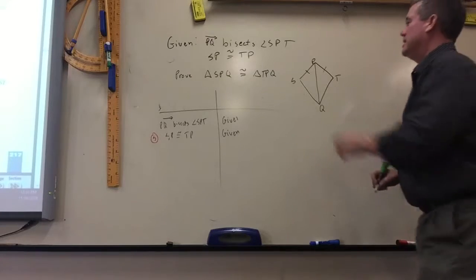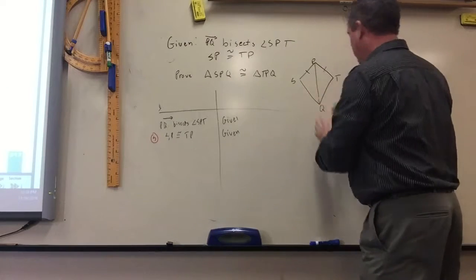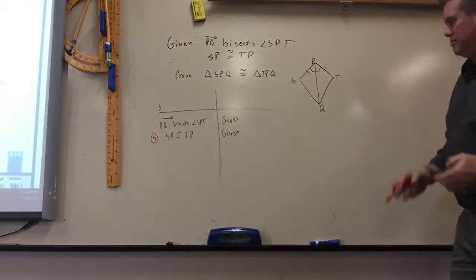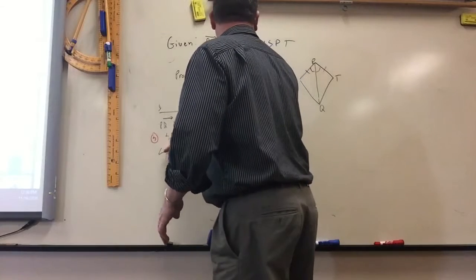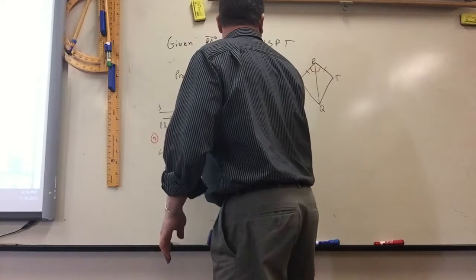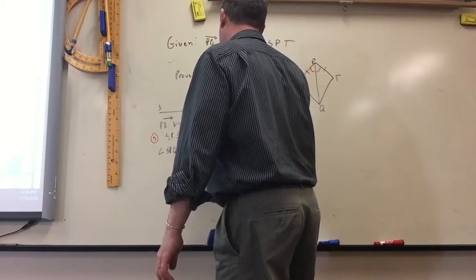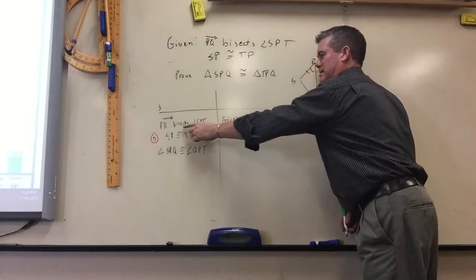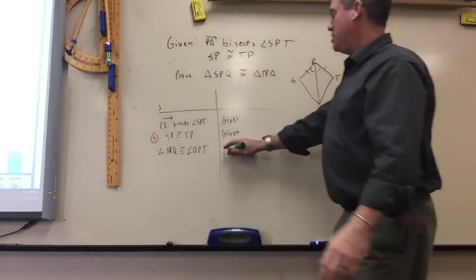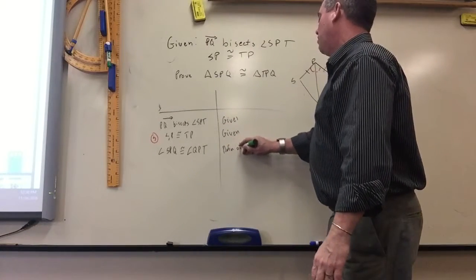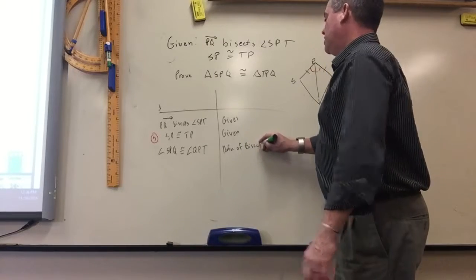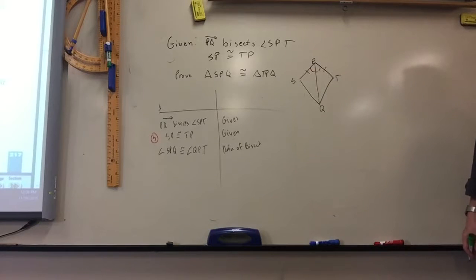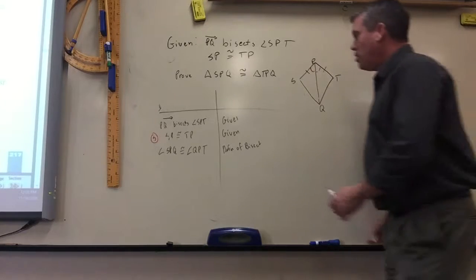Angle SPQ. Yep. SPQ is equivalent to QPT. Angle SPQ is congruent to angle QPT. And why do we know that they're congruent? Because line PQ bisects. Right. All you could put is that's the definition of bisect. It told us up here it's bisected, so that's the definition of bisect. Bisect means cut it in half. So there we know an angle.